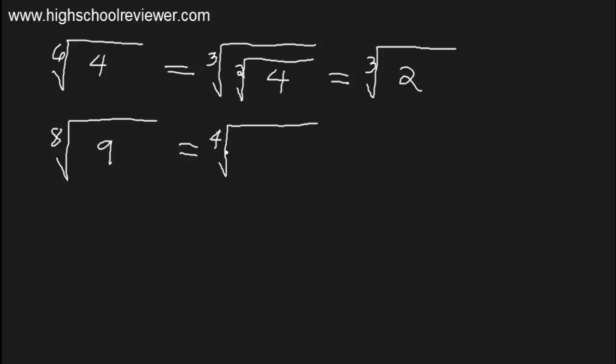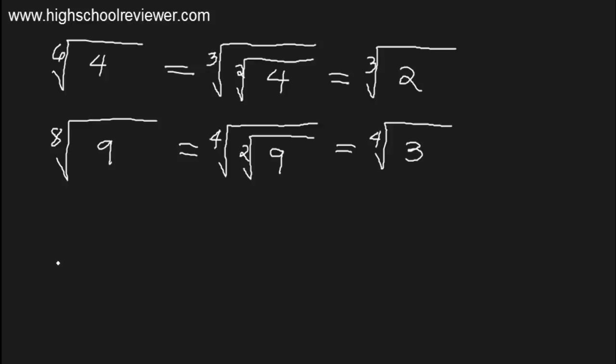So this will be the 4th root, and the other root will be the square root of 9. The simplified answer will be the 4th root. The square root of 9 is 3. So the 4th root of 3 is our final answer.